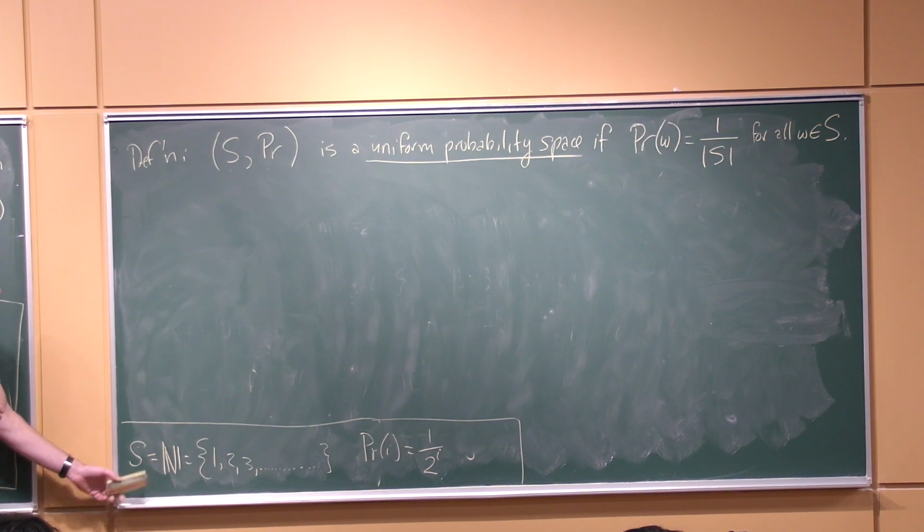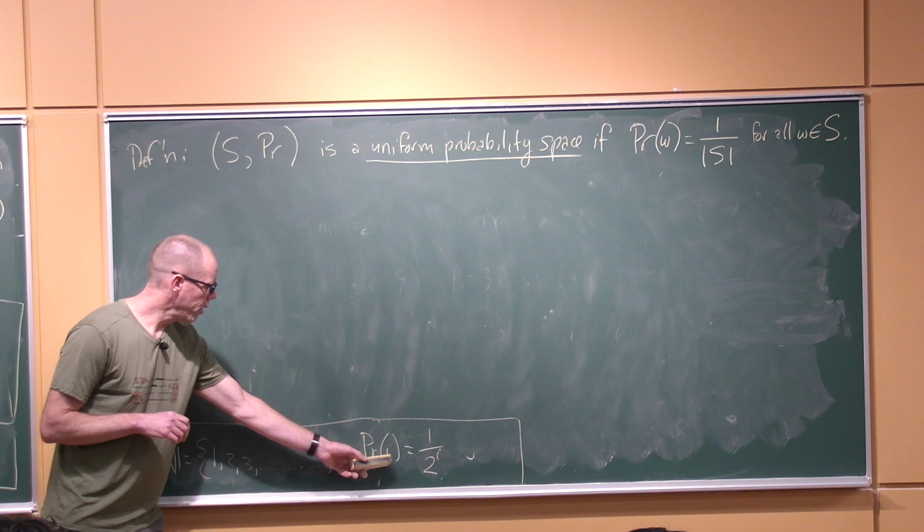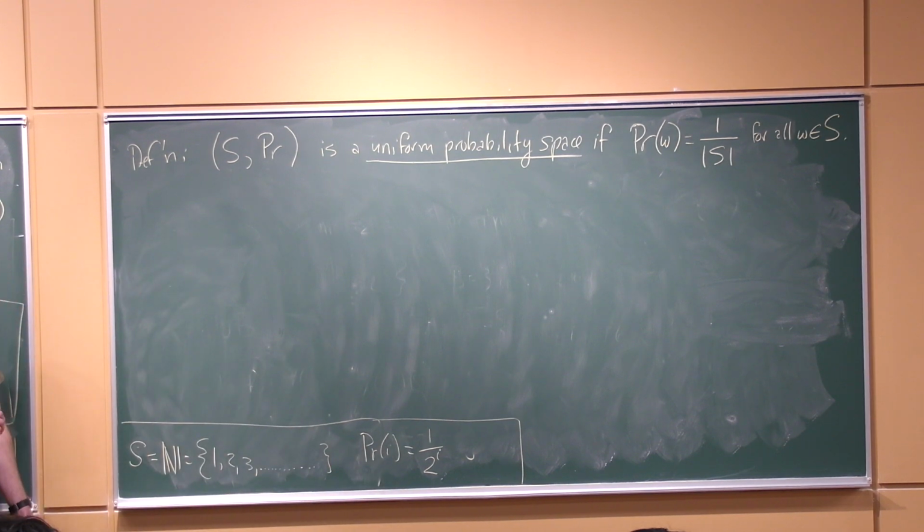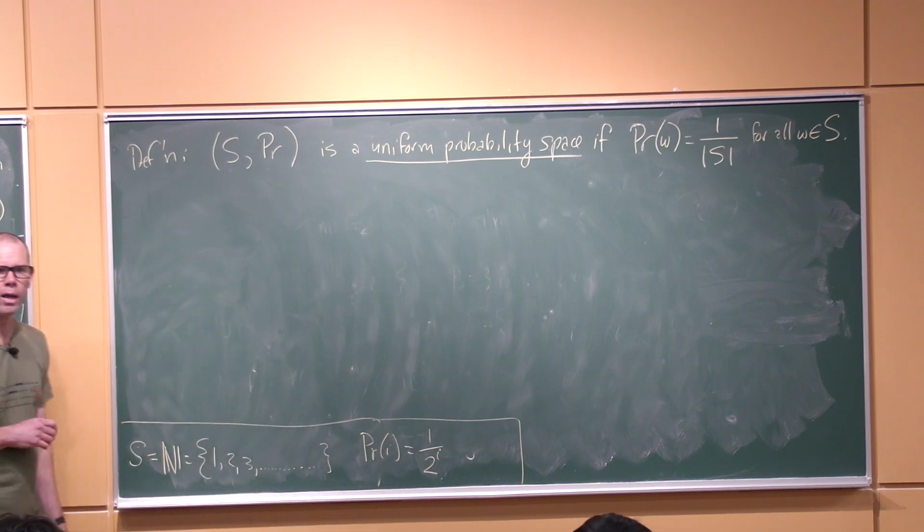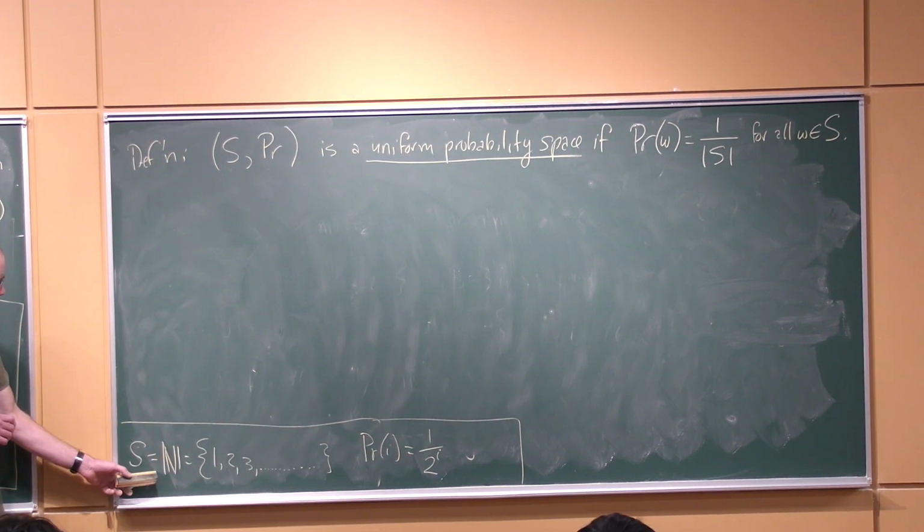S is a countable set, so that makes it a possible outcome set. And this sum, 1/2 plus 1/4 plus 1/8 plus 1/16, and so on, adds up to 1 like it's supposed to, and everything in it is non-negative. So indeed, this is a real probability space, and it's non-uniform.